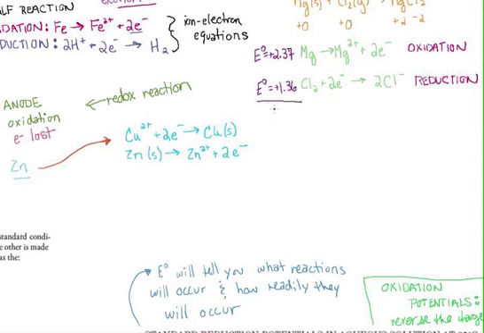So if we combine these two numbers, we're going to get what's called the net electrode potential. And that is, in this case, going to be what? Positive 3.73.